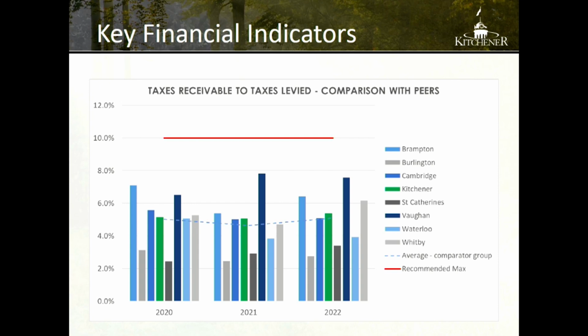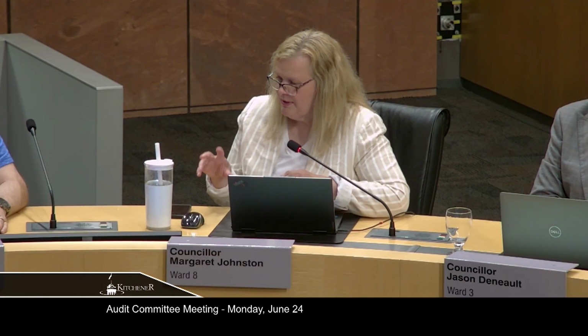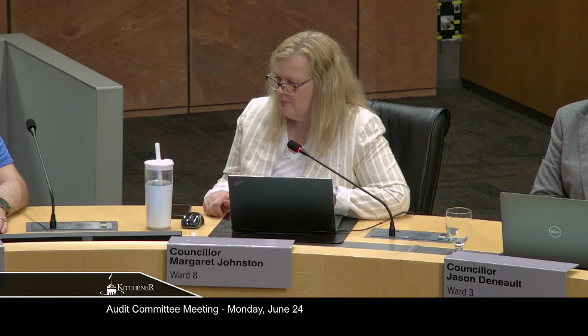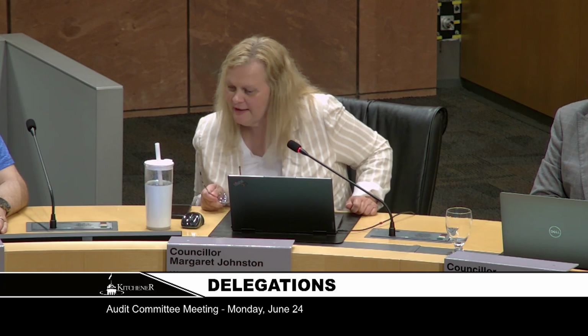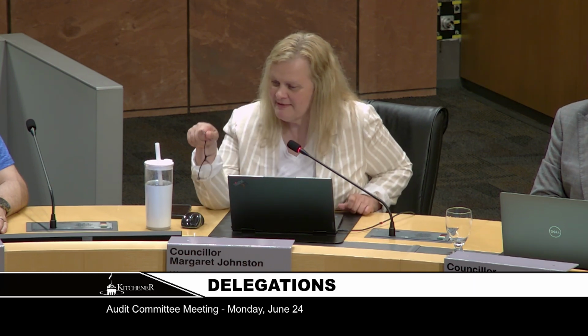The average is the dotted line going through the middle of the graph, and the Kitchener is the green bar. And sorry, was the question regarding Kitchener? Yeah, it looks like there's quite a number of discrepancies on there. So my follow-up question would be, oh yeah, it is listed on there, what the percentage of tax increases.